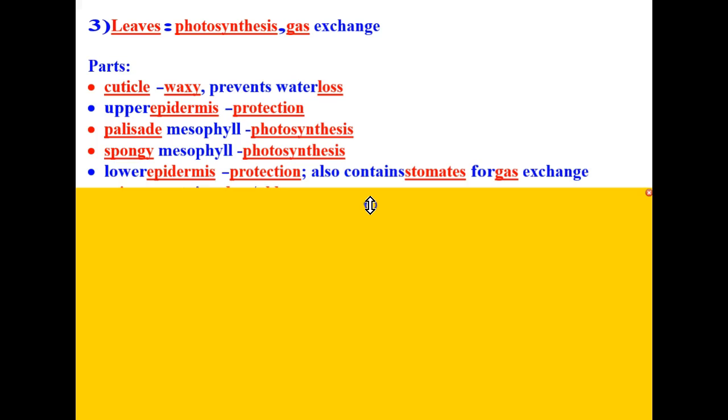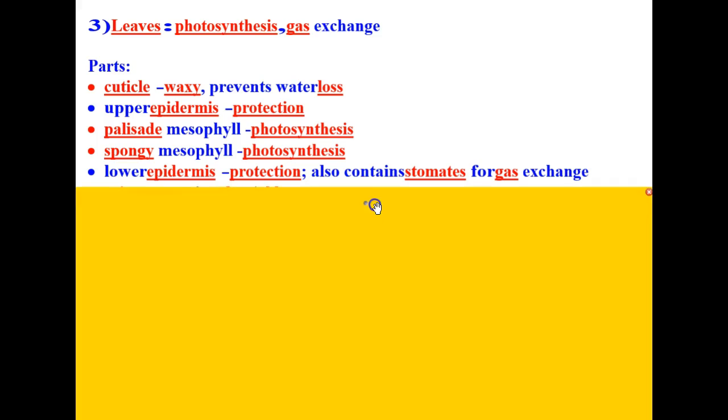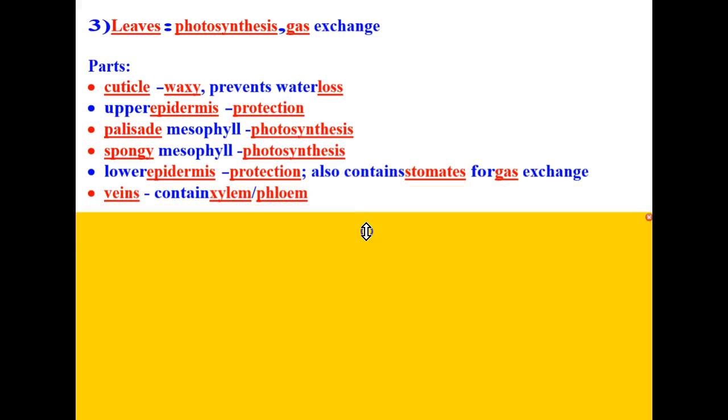Your lower epidermis is for protection, but also contains the stomates for gas exchange. And again, the gases exchanged through the stomates would be carbon dioxide, oxygen, and water vapor. And then the veins in the leaves are the structures that contain the xylem to move water and the phloem to move food.